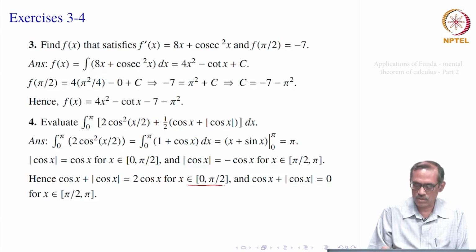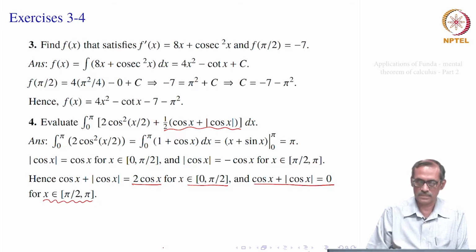For x in 0 to pi by 2, half of cosine x plus cosine x is 2 cos x. And when x belongs to pi by 2 to pi, mod cos x becomes minus cos x, so cos x plus mod cos x is 0.